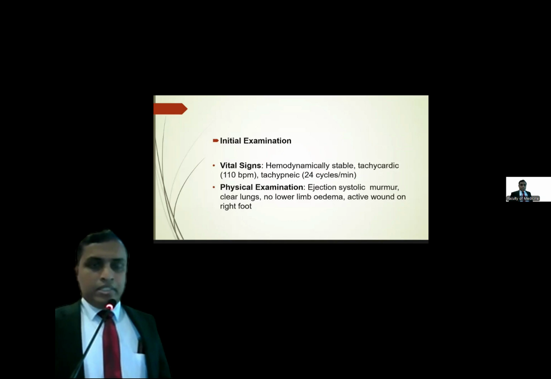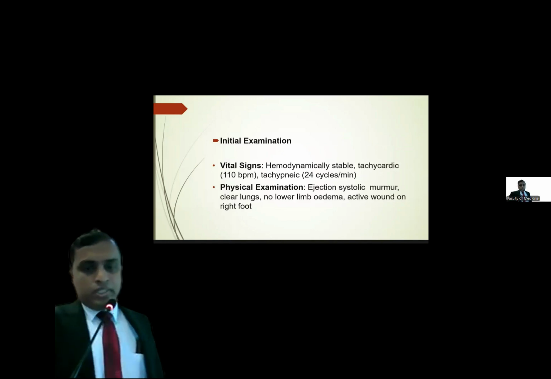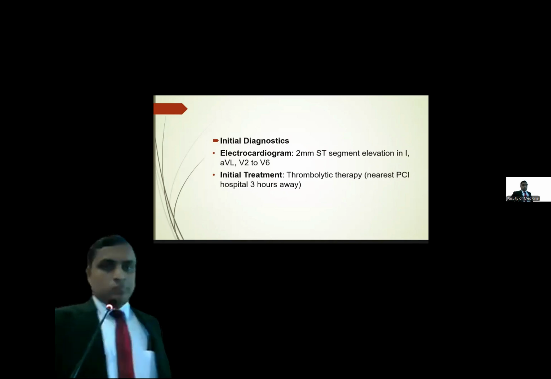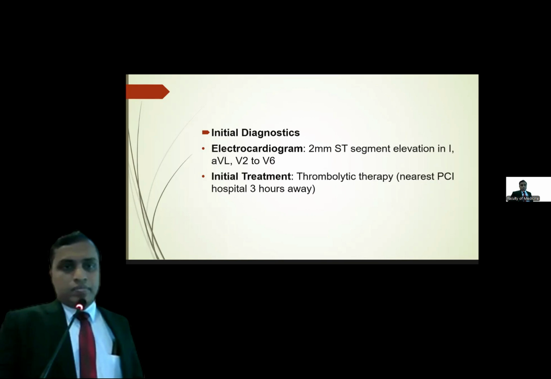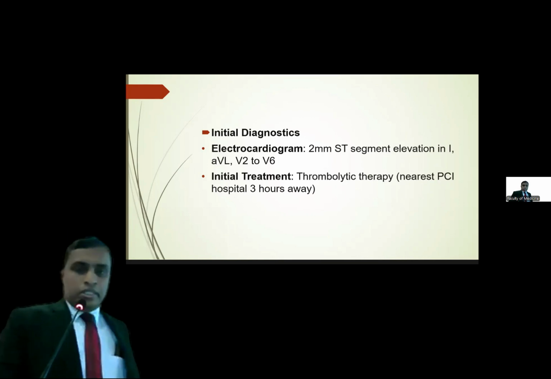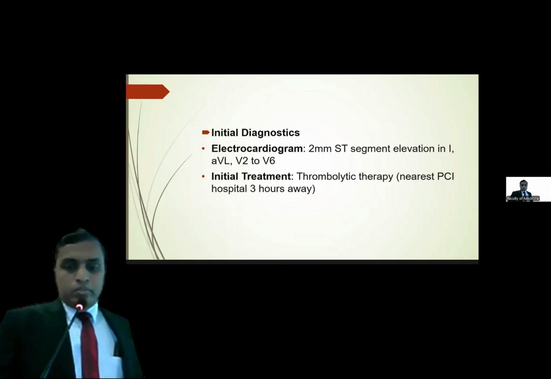On physical examination, there was a murmur, no lower limb edema, and an active wound on the right foot. ECG shows ST elevations in leads 1, AVL, V2 to V6, and he was treated as acute ST elevation MI with thrombolysis because primary PCI was not possible.